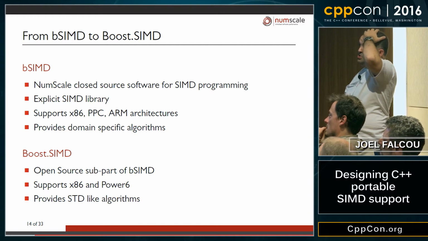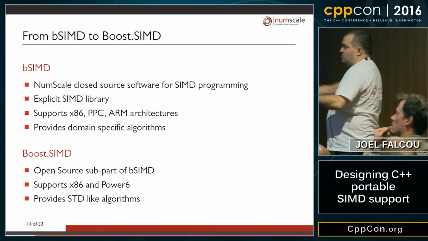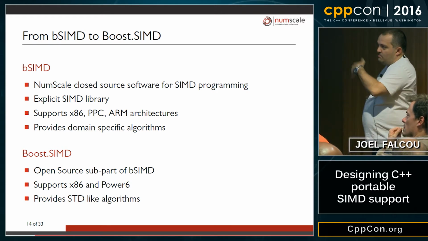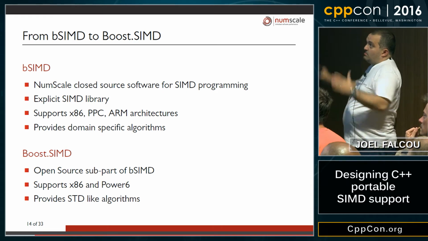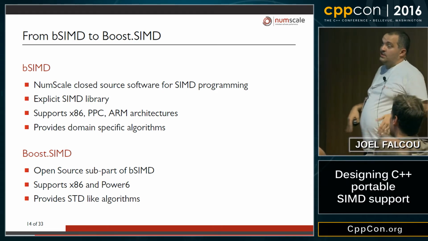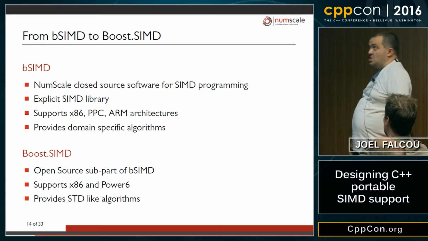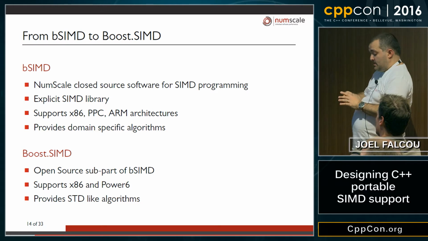The open source version is basically limited to x86 and Power, and has a bunch of standard-like algorithms. So you can play with that and see what you can do. I will spend a bunch of time trying to demonstrate what we can do with that, and we will dig into the implementation tricks a bit later to see how we actually manage to get there.